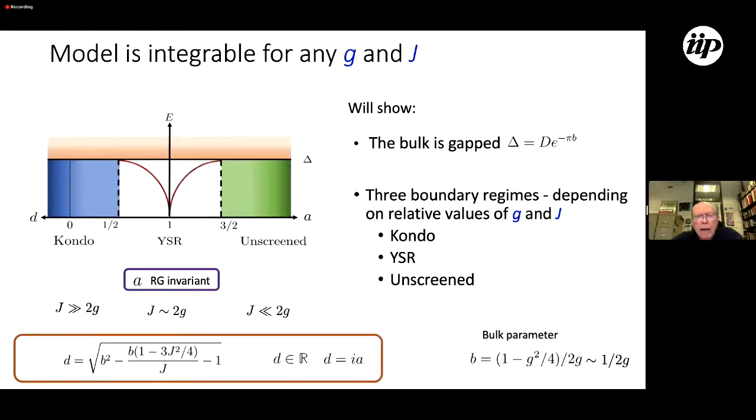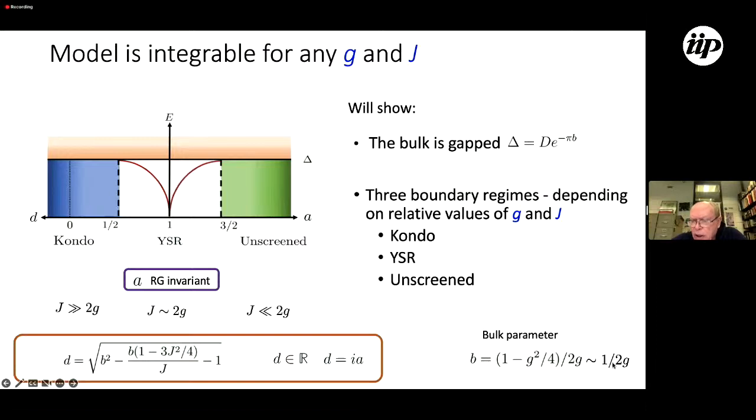So I will show that the model is integrable for any G and J, and what I'm going to show is the following: that the bulk is gapped, that delta equals dE minus pi B, where B is written down here, that's the bulk parameter.